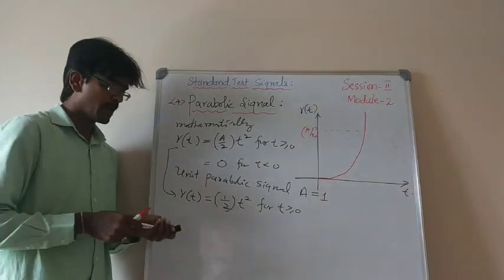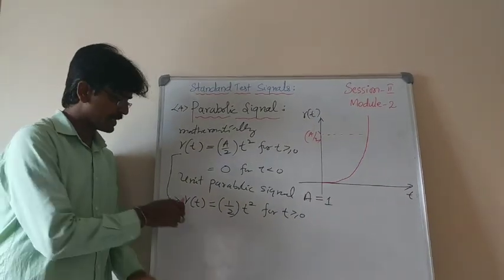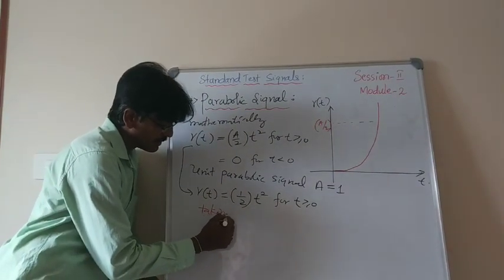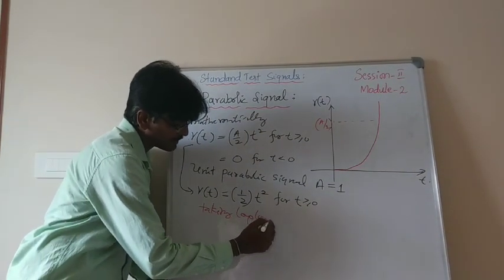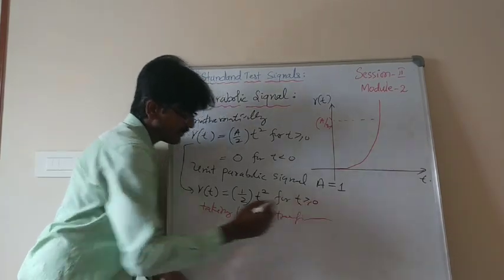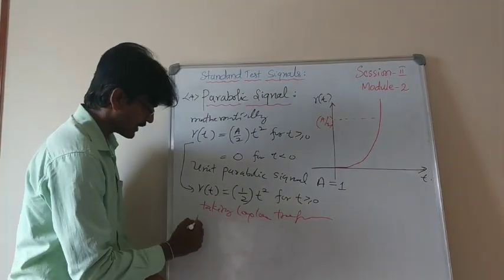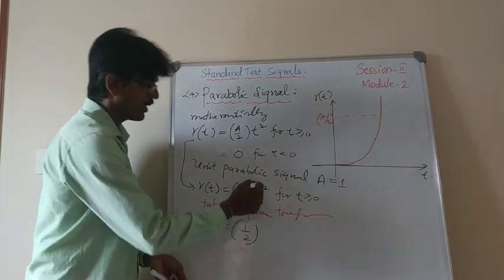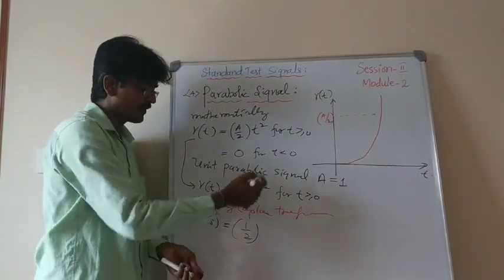Now it is in time domain. Let us express in frequency domain, taking Laplace transform. So r of s is equal to 1 by 2 times Laplace transformation of t square.